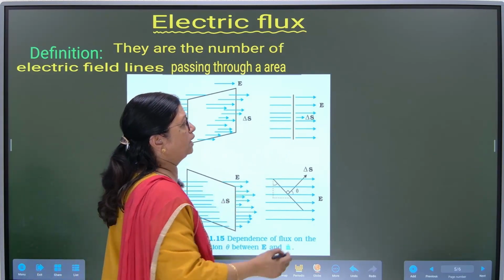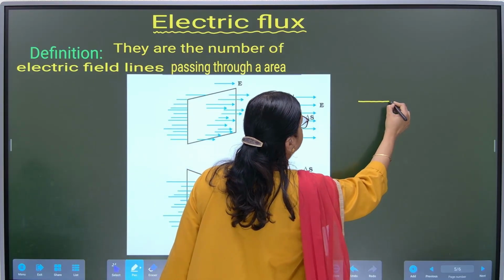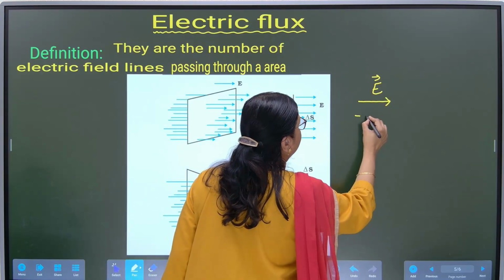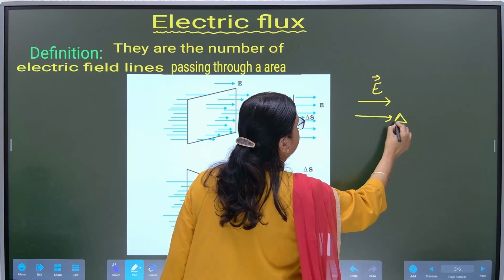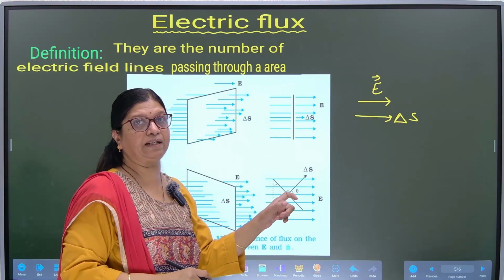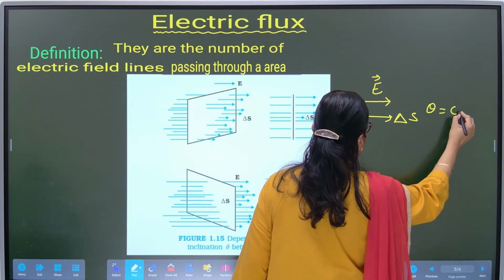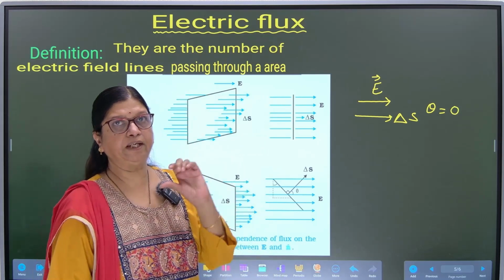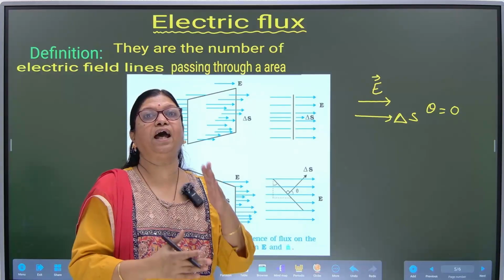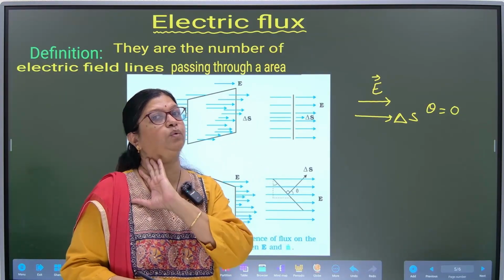So here you can see the electric field direction and the direction of the area element is the same. Therefore, if I consider the angle between E and delta S, theta is equal to 0. We'll come to the formulation part, but first understand how to find the angle between the electric field and the area element under consideration.